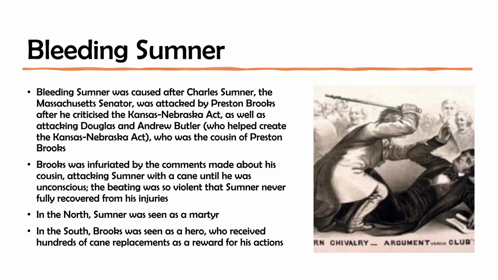He actually made some remarks about Butler having sexual activities with his slaves, so I'm sure that probably riled Brooks up quite a bit. So much so that he attacked Sumner under his desk. He was unconscious. He went to the hospital, and his injuries were that bad he never fully recovered.